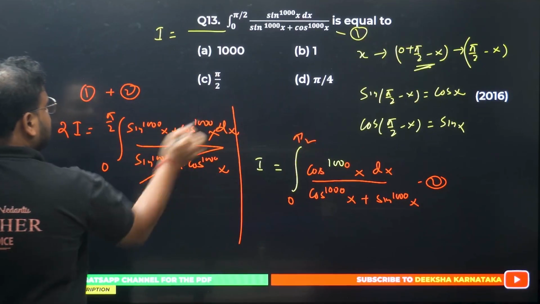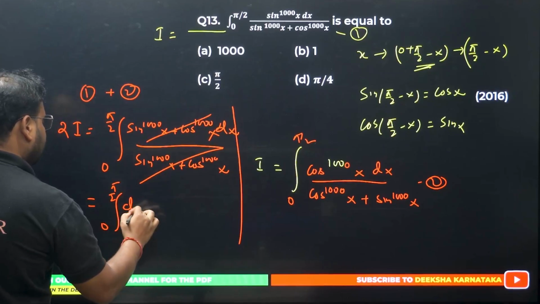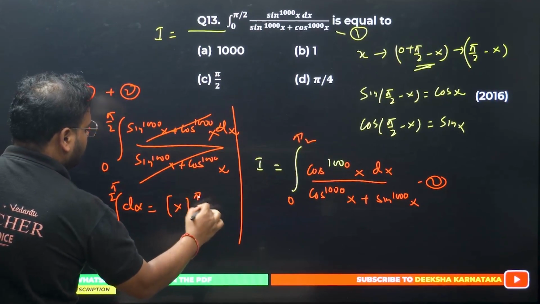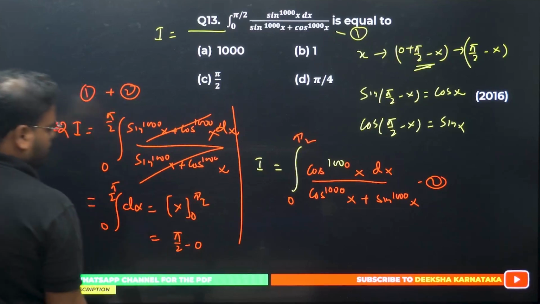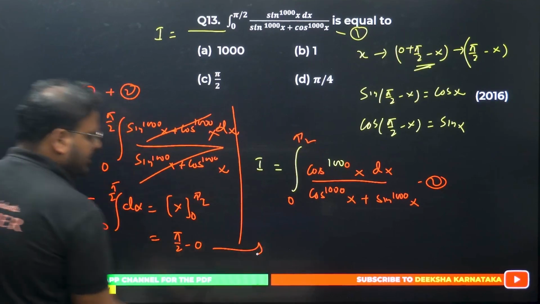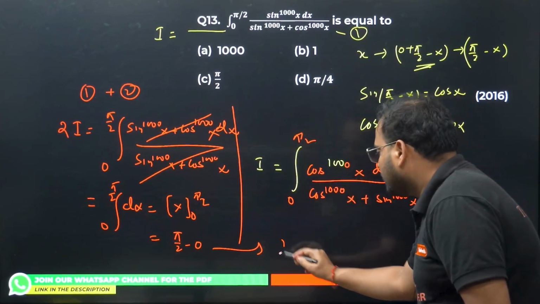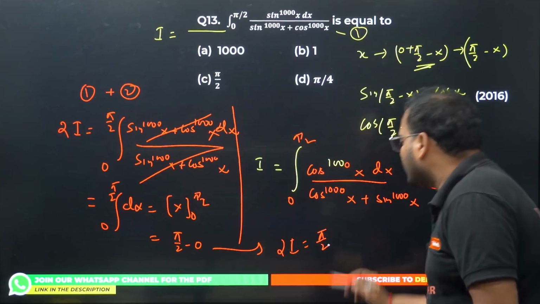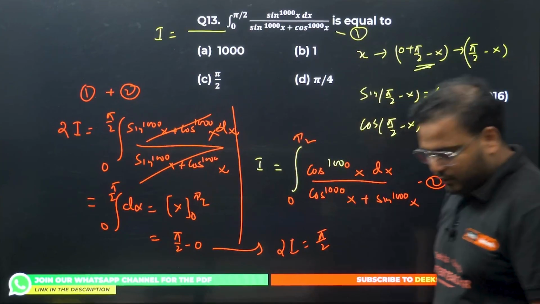This whole thing is cancelled. I'm getting the integral from 0 to pi by 2 of dx. X from 0 to pi by 2, so simply pi by 2 minus 0. Please check. I'm getting 2I equals pi by 2. What are they asking? To find this I value. How do you solve this?